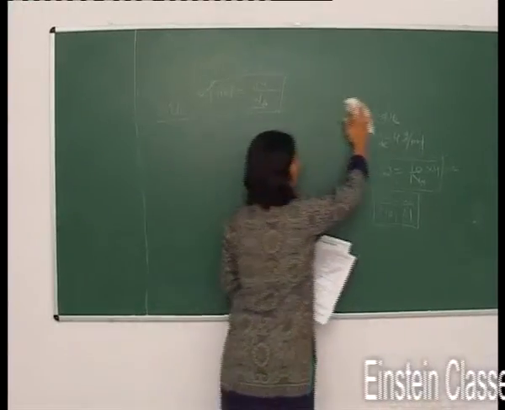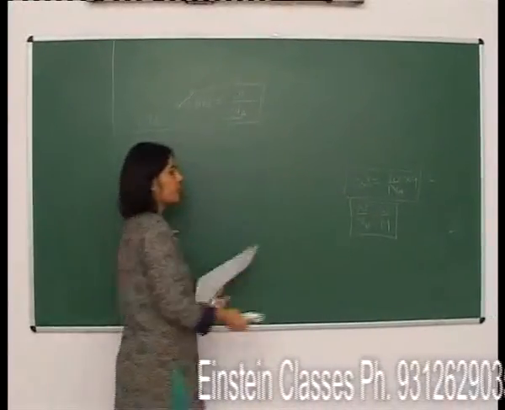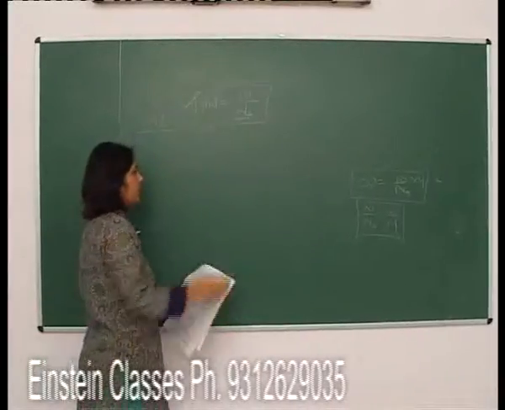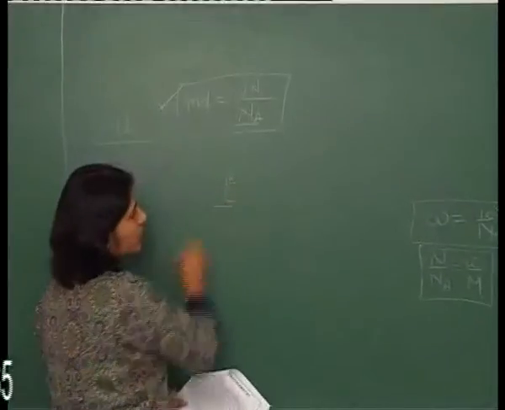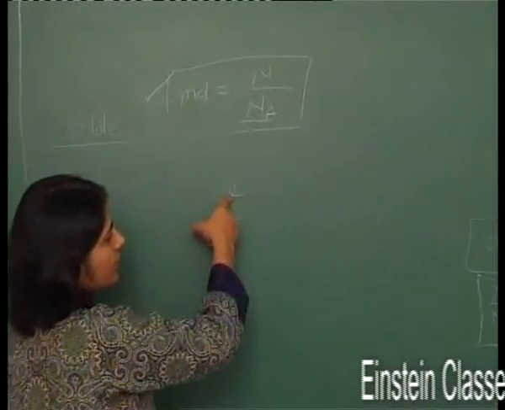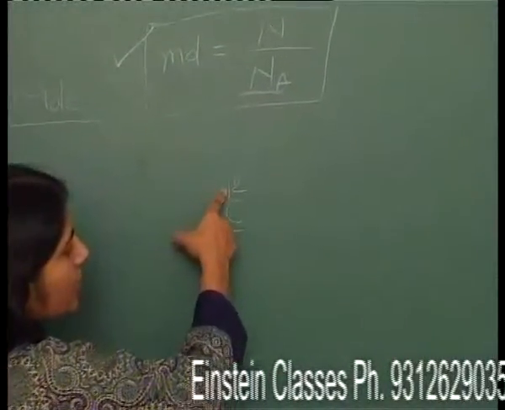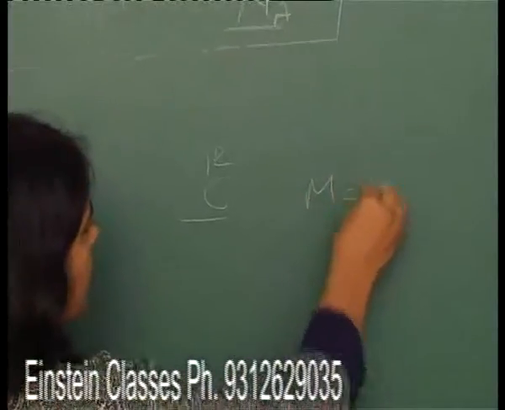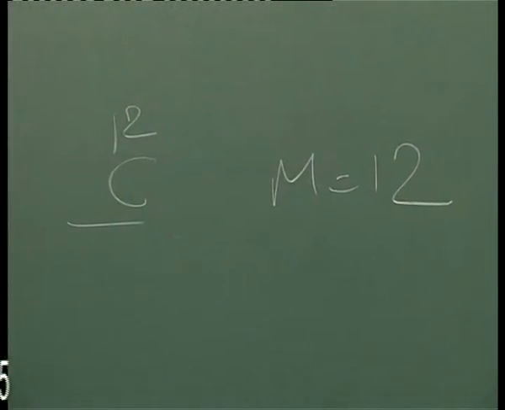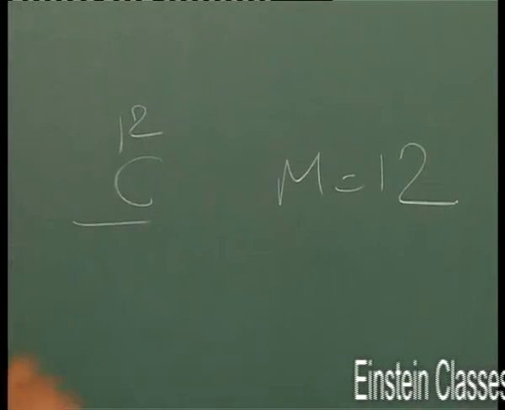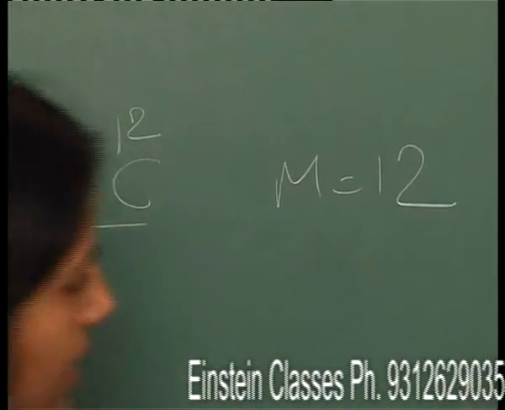Now I need to calculate the mass of one atom of carbon. Its molar mass is already given. It's written as C12, which means its atomic mass is 12.